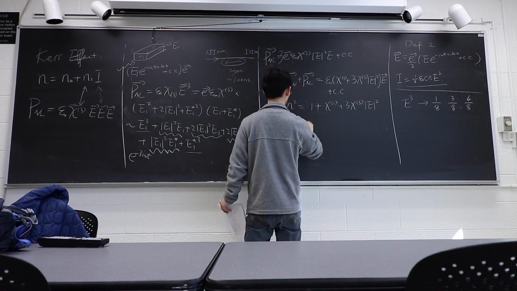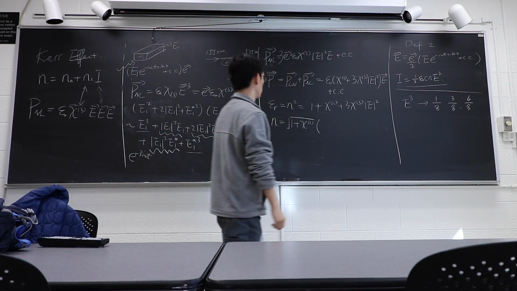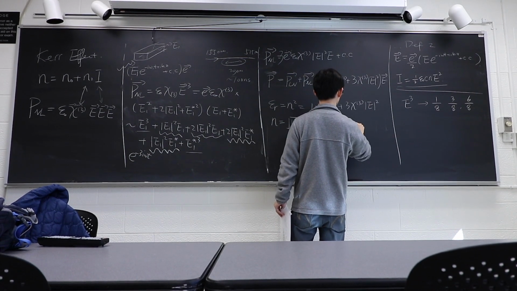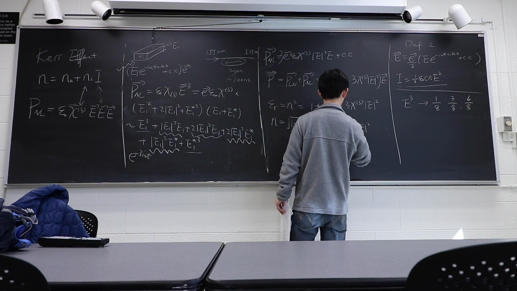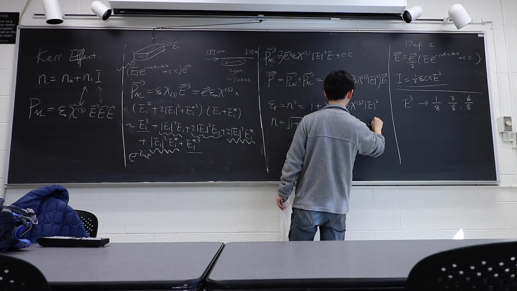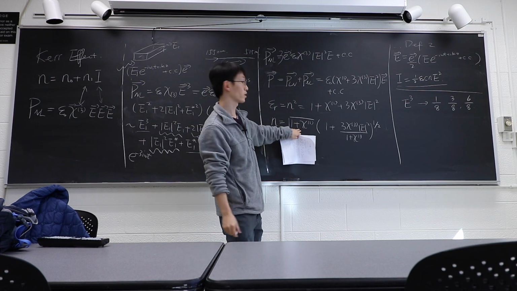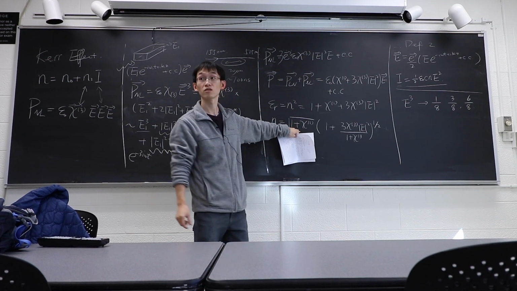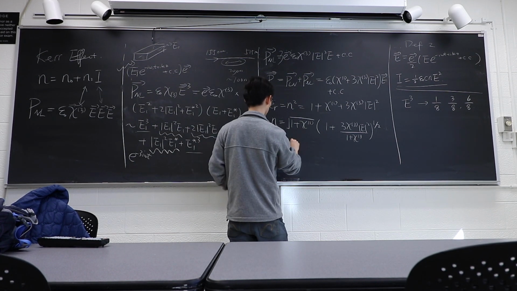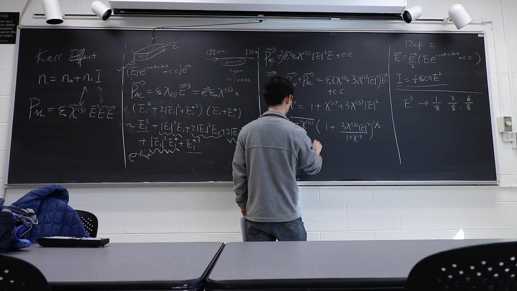One plus chi1, 1 plus 3 chi3. Okay, you take the square root, you take out this term. Why do we take out this term? This one is just a refractive index, right? So we can say n naught. You have 1 plus.